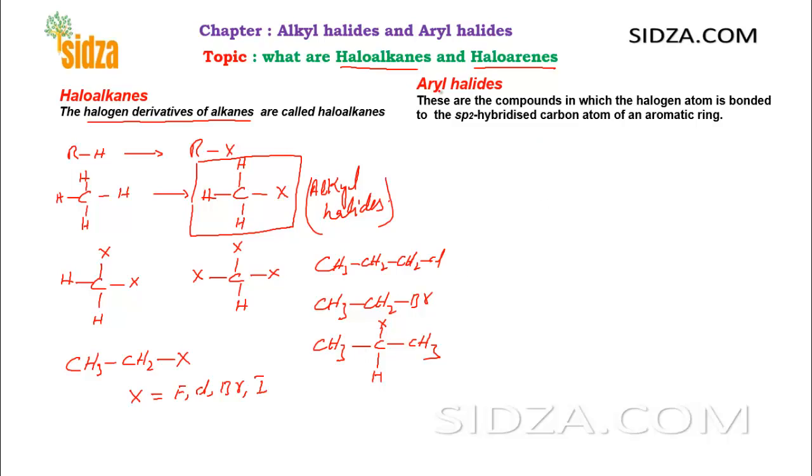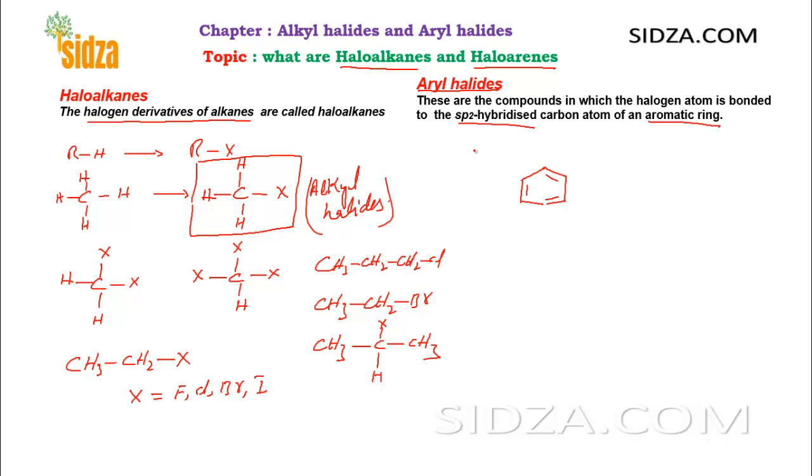And what about aryl halides? What are actually the aryl halides? Aryl halides are the halogen derivatives of the aromatic compounds. And here the halogen atom is attached to the sp2 hybridized carbon atom of the aromatic ring. For example, we got benzene, and we know the formula of benzene is C6H6.